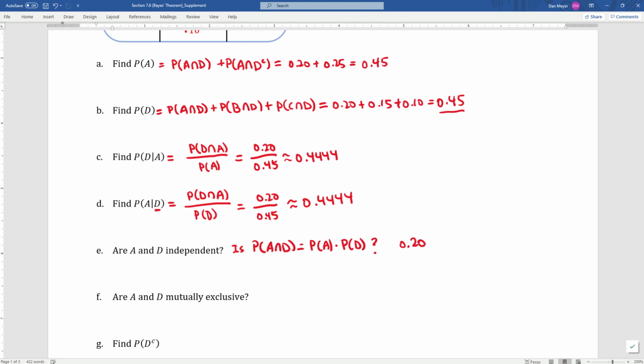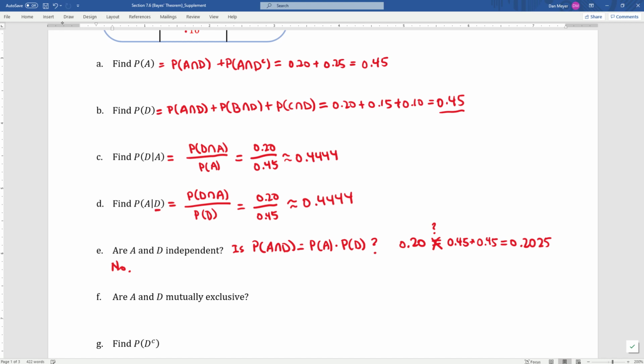We've used that a few times now. Is that going to be equal to the probability of A, which is 0.45, times the probability of D, which is also 0.45? When you work out 0.45 times 0.45 on your calculator, you'll get a number that is not exactly 0.2. So these two values are not equal, and so we can say no that way.